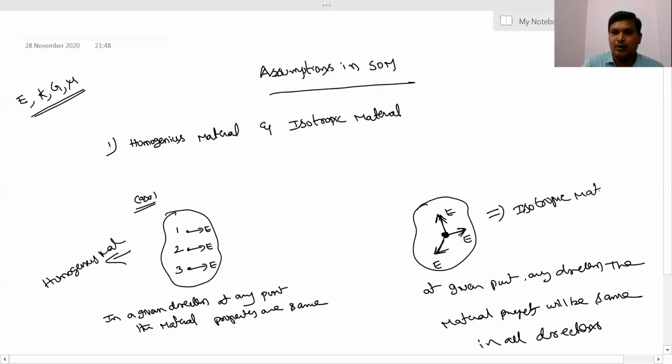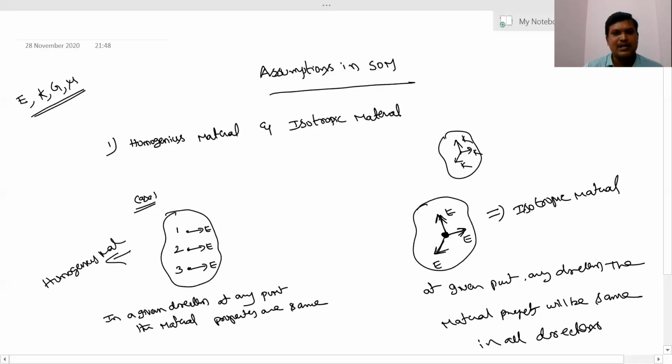Not only E; for example, K also: this is K, this is K, this is K. The material property in all directions at a particular point is called isotropic material.